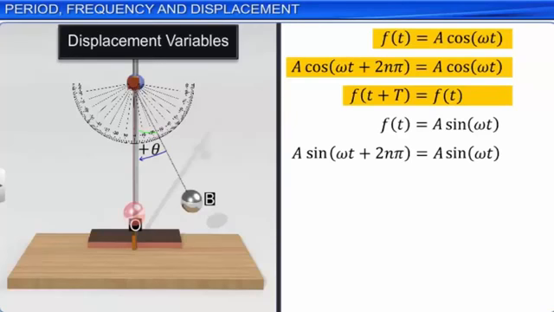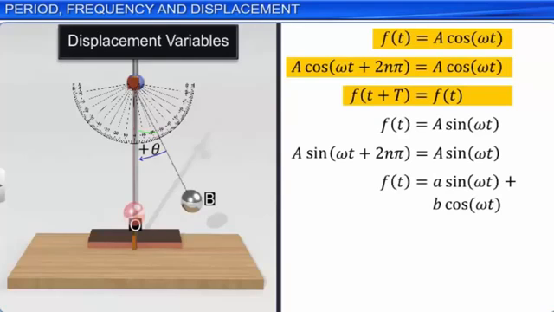For example, a periodic function can also be of the form f(t) = a sin ωt + b cos ωt, with a and b constants.